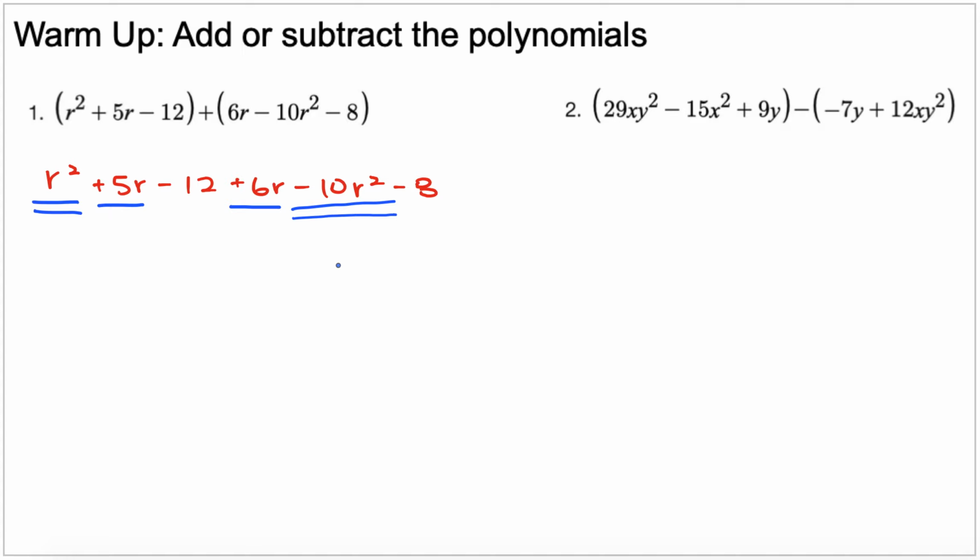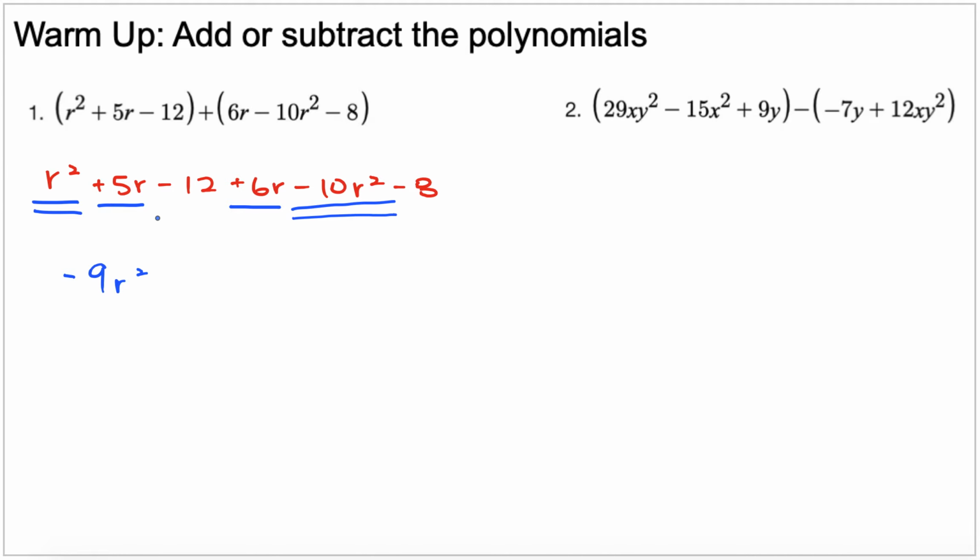So afterwards, I'm going to combine like terms, which means I'm only going to combine the terms that have the same exact underlines. So here in this case, it is going to be the r squared, so the 1r squared, and the negative 10r squared. So 1 minus 10 is going to give me negative 9r squared.